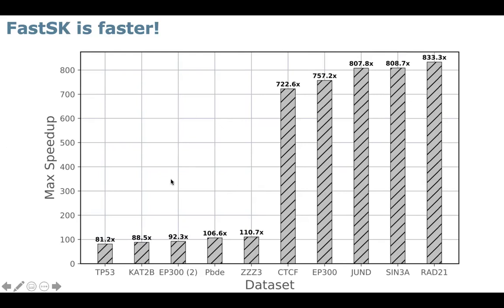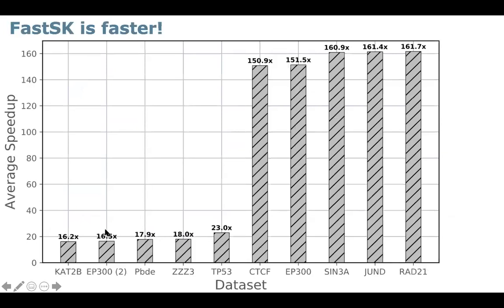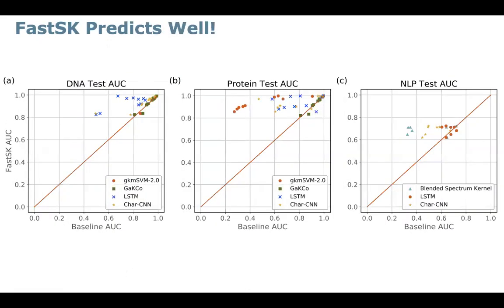On the other 4, we are about 100x. If we look at the average speedup, for those 5, we got more than 150x in speed improvement, and for the other 5 it's about 18x better. The protein and DNA cases are also in a similar range, about 50x better, if I remember correctly. So then let's look at the performance.